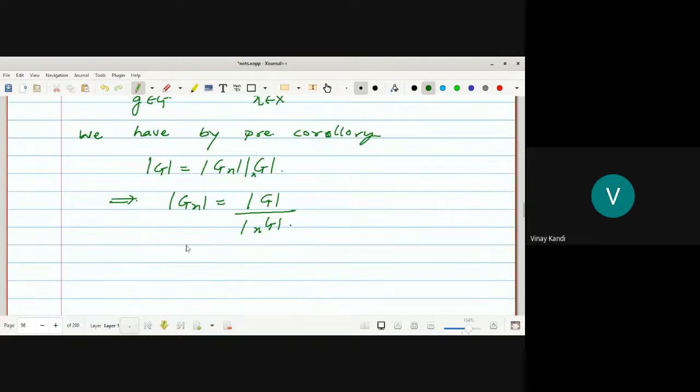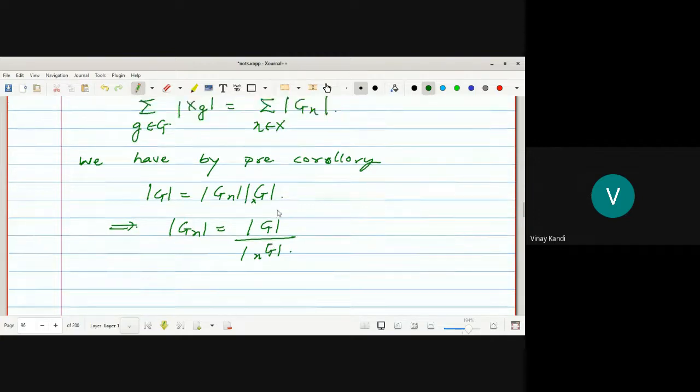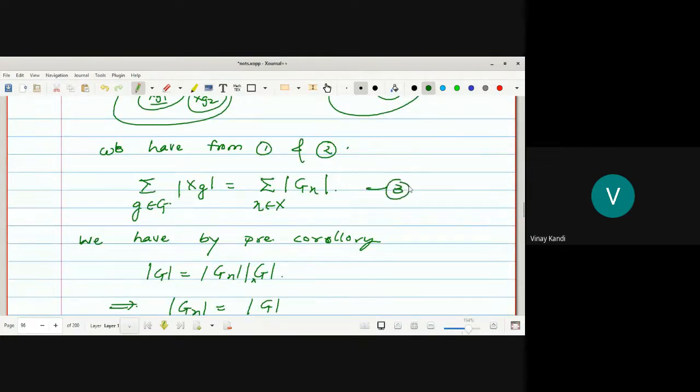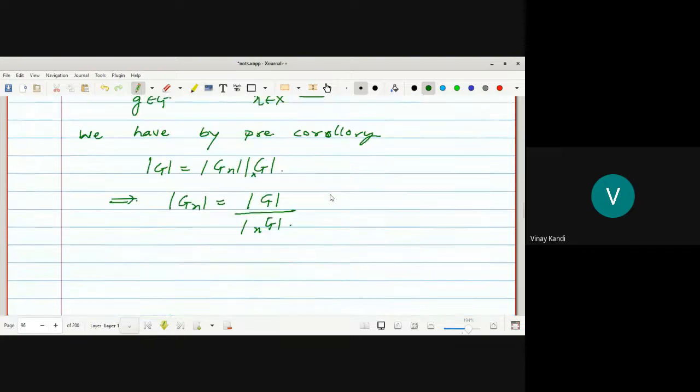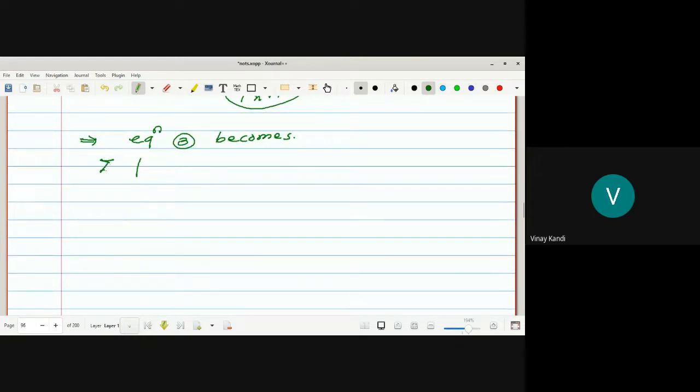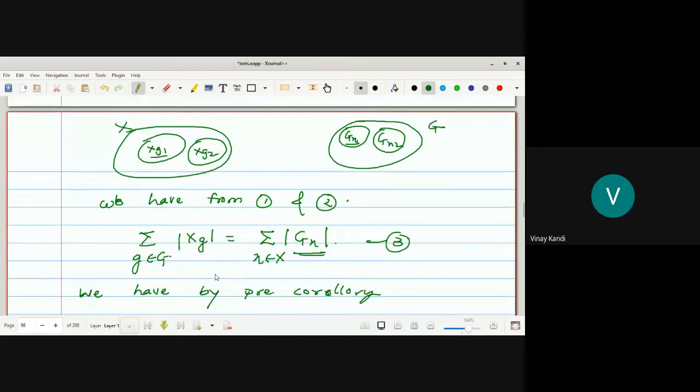Okay, putting the value in equation number 3. Actually, we have to put the value. So equation 3 becomes: the order of the summation over g belonging to capital G of the order of Xg. Okay, the left hand side as it is. What is the right hand side?